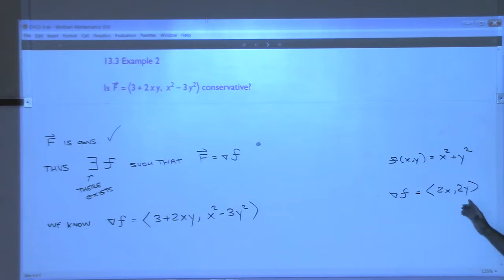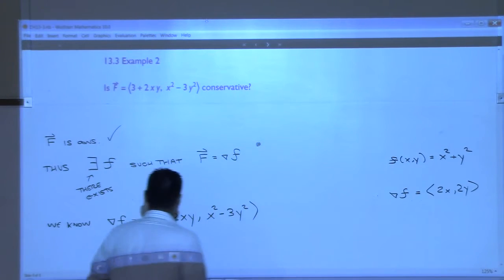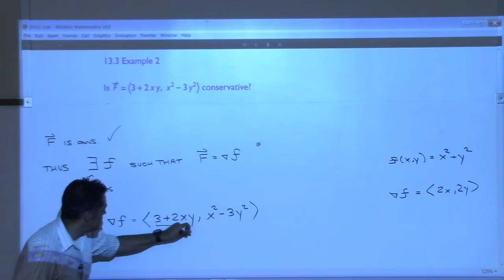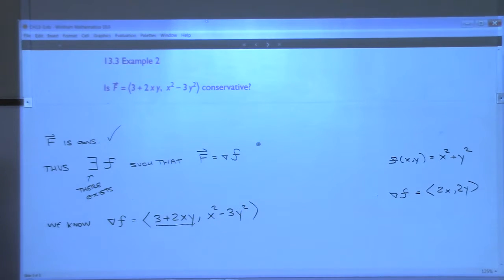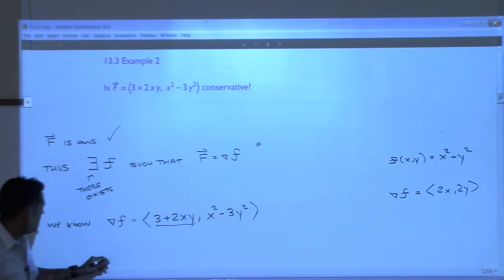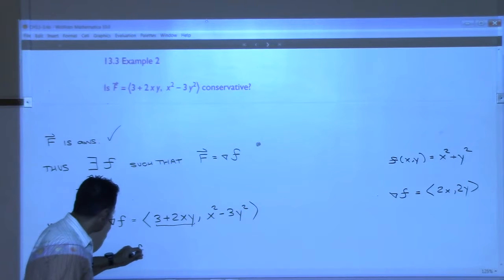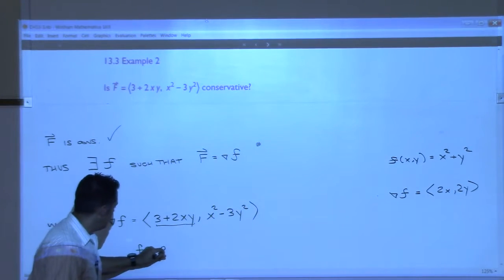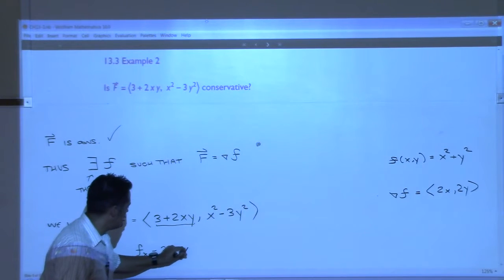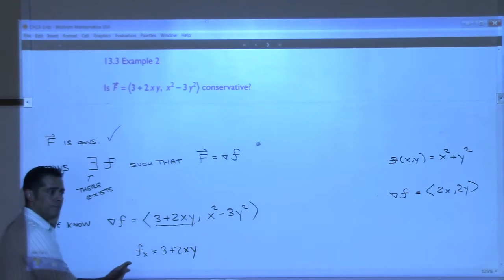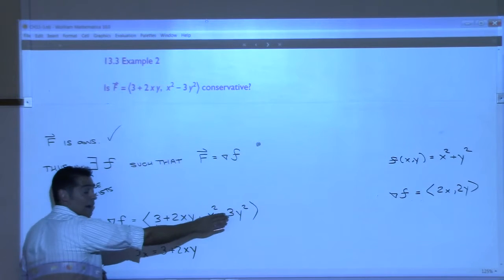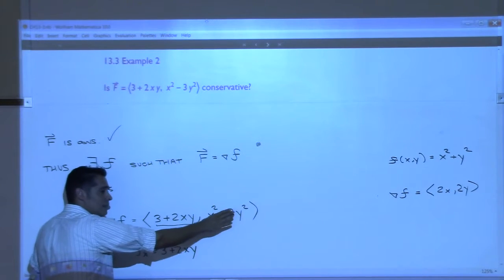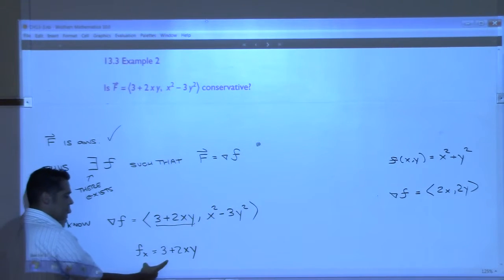From this information, I know that this is the partial of little f with respect to x. So the partial of the scalar function I'm looking for with respect to x must be 3 plus 2xy. Follow? I'm just focusing my attention on that. I also have the other information, but I'm not going to use it yet.